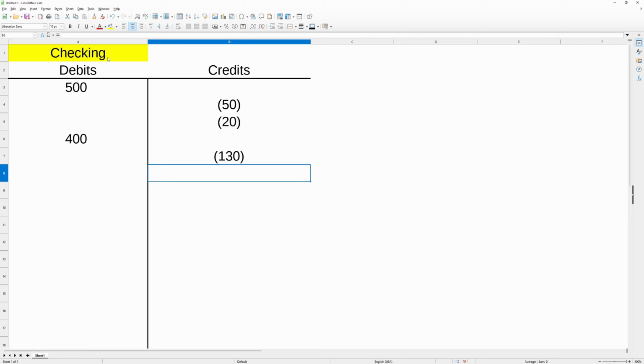Now, these 5 transactions will all add up, and you will notice that we put our credits into parentheses. This is because on a T-sheet, you will never see a minus sign, such as labeling this minus $50. It will always be displayed either in parentheses, like such, or just plain without the parentheses.